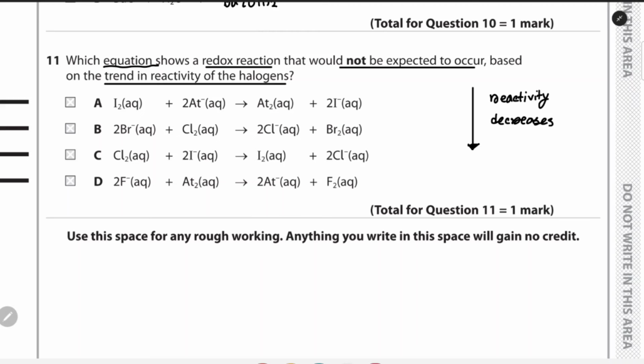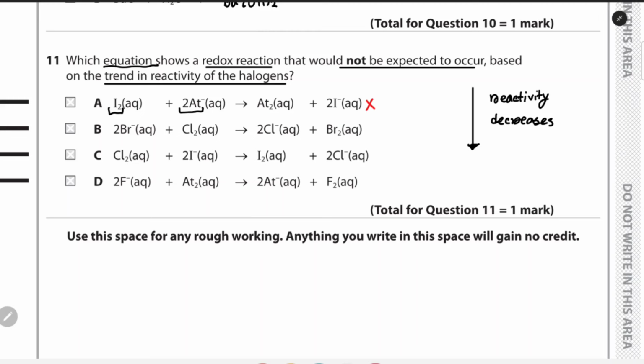So if we look at the equations, in option A, iodine cannot displace astatide, and the other way around, astatine cannot displace the iodide, since iodine is more reactive than astatine. So this is out of our options.